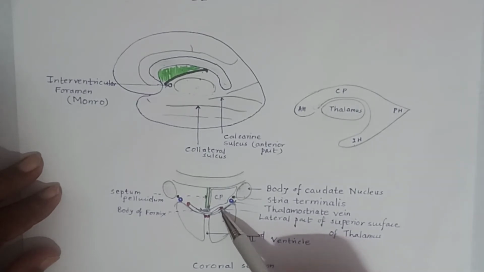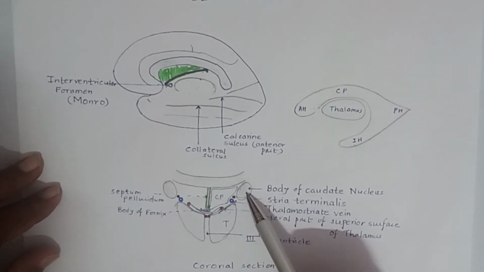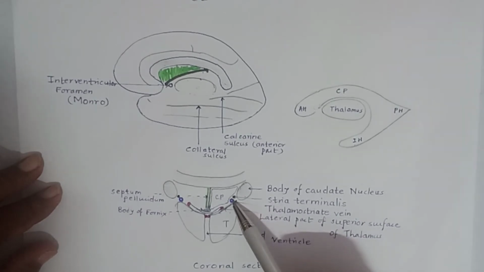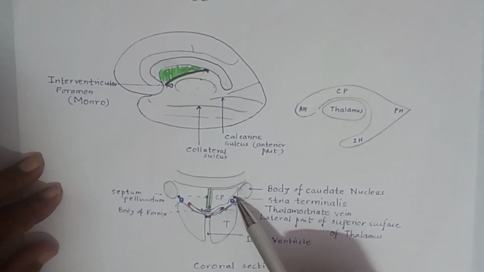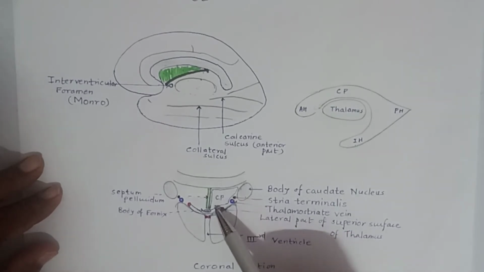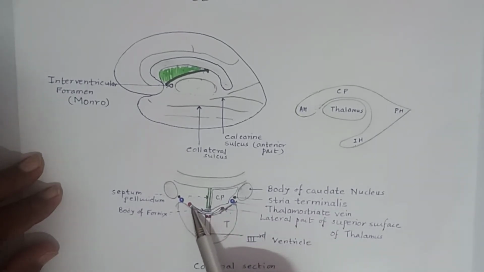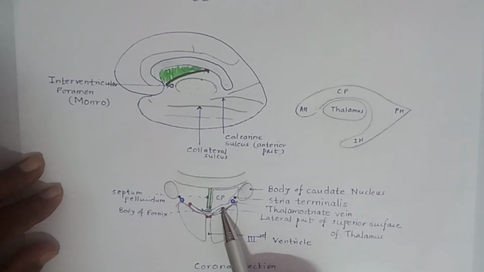Medially, there is lateral part of superior surface of thalamus. Most laterally, body of caudate nucleus, and between them lies thalamostriate vein and the stria terminalis. The cavity is lined by ependyma, and in the floor there is a double fold of pia mater, telae choroidi, which contains the choroid plexus.